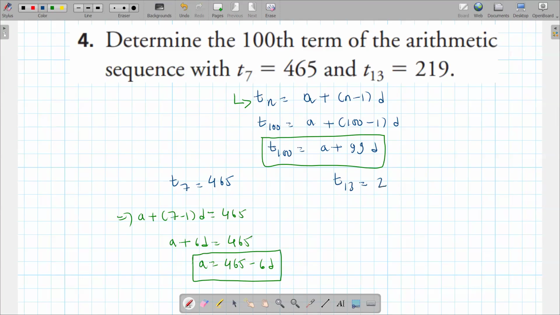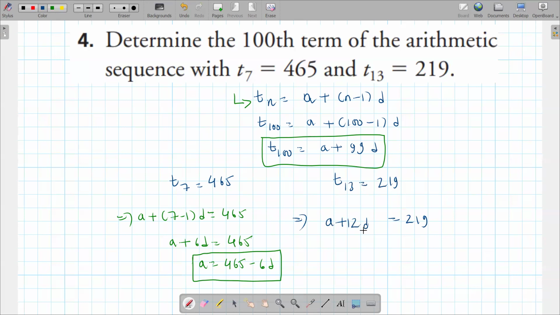T13 equals 219. What does this become on the left side? On the right side, it'll stay as 219. What does it become on the left? A plus 12D.